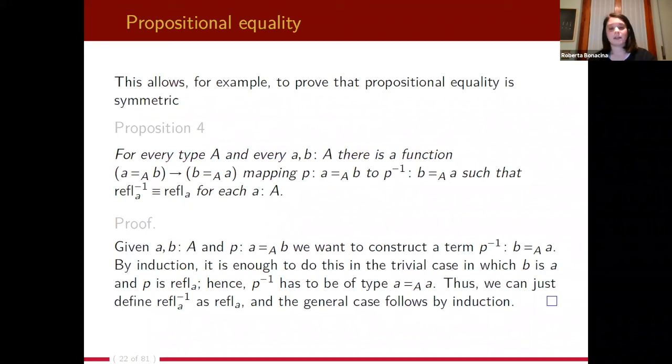So the inverse of p has to be of type a = a, and so it is easy to take the inverse of refl, since p again is refl, as again refl, which satisfies our requirement and allows us to obtain the general case by induction.